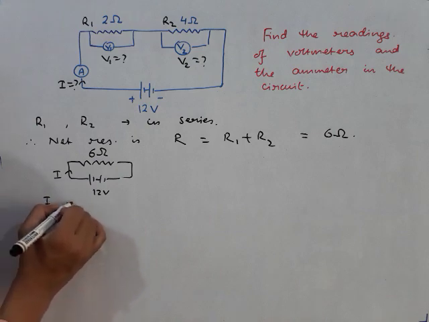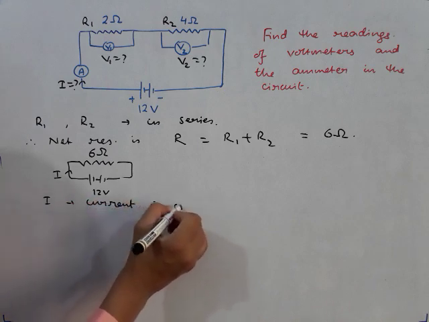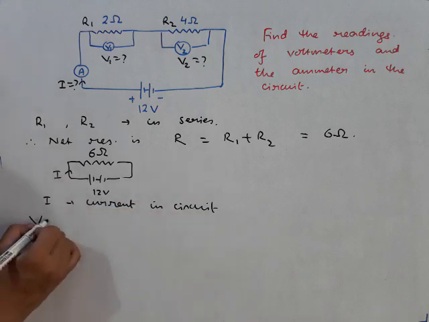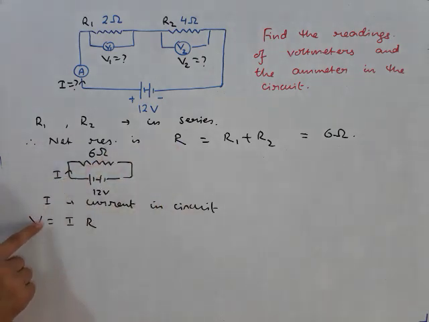So if I be the current in this circuit, then we must have V is equal to I times R, where R is the total resistance, V is the total potential difference, and I is the current.